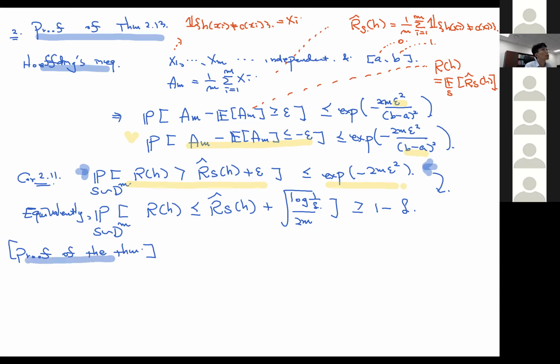So how to prove this? Here's what we do. First we notice that it's sufficient to show the negation of the probability that we care about.